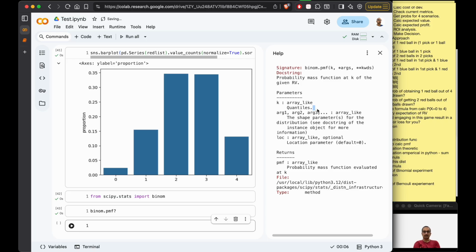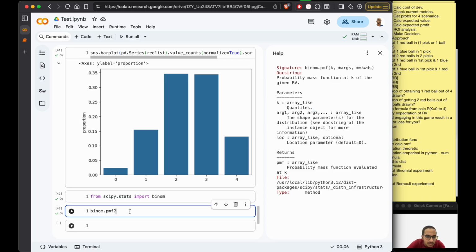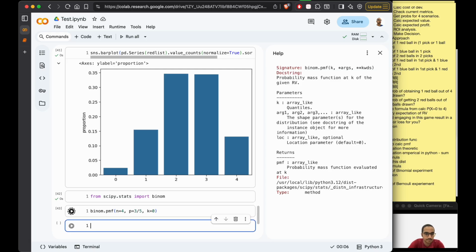Actually, this takes three values, which are k, p, and n. Although it shows arg1 and arg2, we pass n equal to 4. p is the probability of getting red, so in this case 3 out of 5, and k is our random variable, so let's say 0.